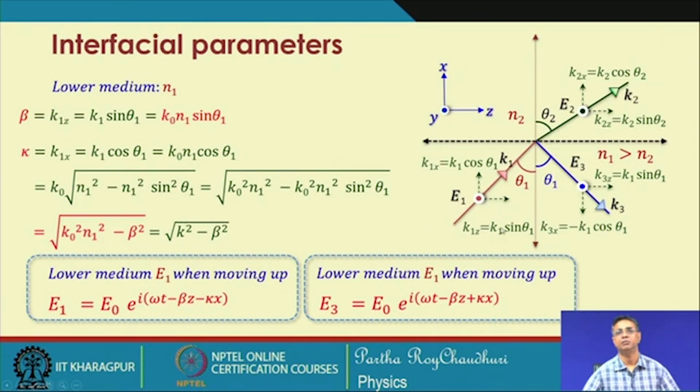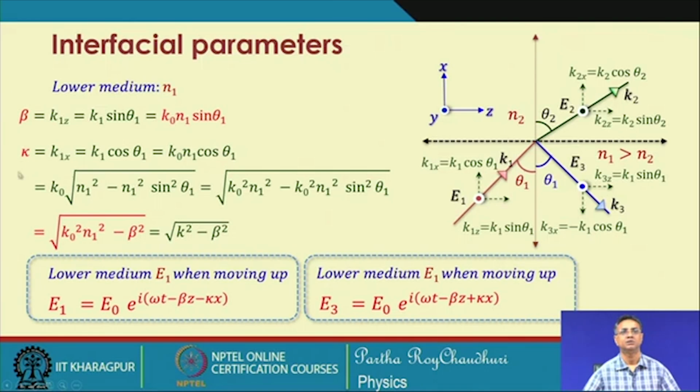So, that is the z component of the propagation vector, which can be written as k 0 n 1 sin theta 1, and I call this quantity beta. The x component of the propagation vector for the incident wave, k 1 x, is equal to k 1 cosine theta, equal to k 0 n 1 cosine theta.